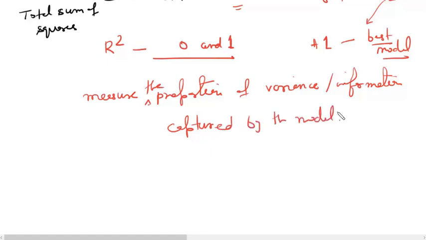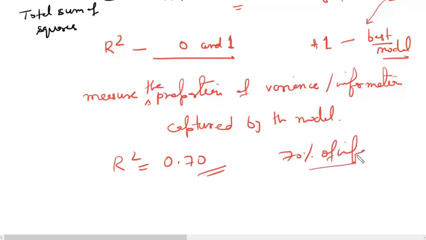So how much information present in the data has been captured by the model. So let's say if you get an R-square of 70% or 0.70, this means that 70% of information present in the data has been captured by the model. If you get a 90% R-square, it means 90% of the information in your data has been captured by the model. So the more information you capture, the better the model is. So this is how we define R-square.